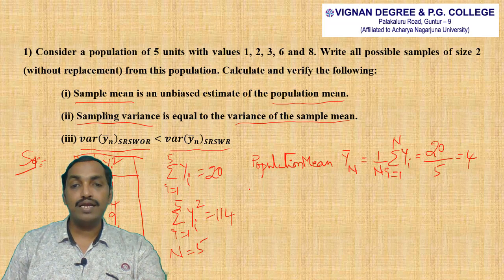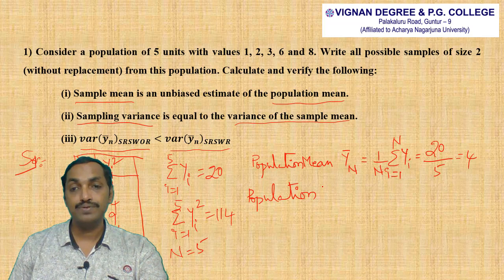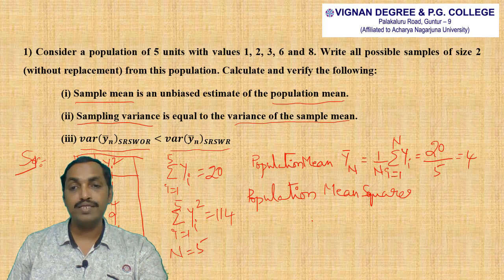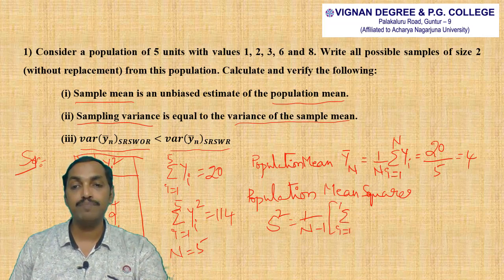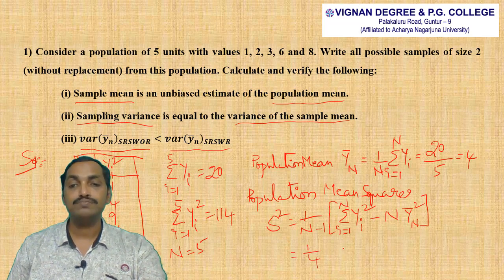Similarly, calculate population mean square, that is capital S square. So the formula for this is 1 by capital N minus 1 into summation i equal to 1 to capital N Yi square minus capital N into Y N bar square, which is equal to 1 divided by 4 because capital N is 5, into summation Yi square is 114 minus 5 into 4 square, Y N bar is 4.